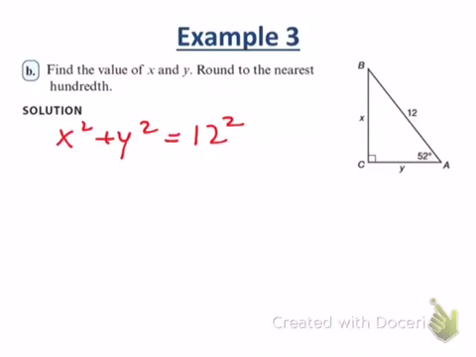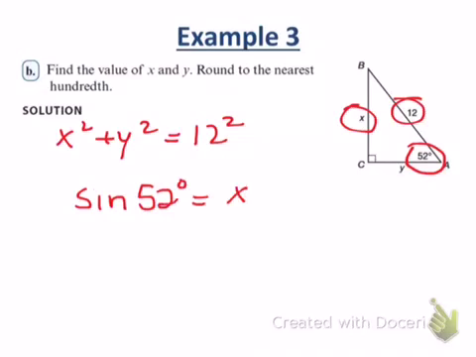It's easy enough. What could I use to find x? I'm given 52 degrees here, and x, and I know 12. What trig ratio is formed there? Sine. Why is that? Because it's the opposite side over the hypotenuse. So the sine of 52 degrees is equal to x over 12.